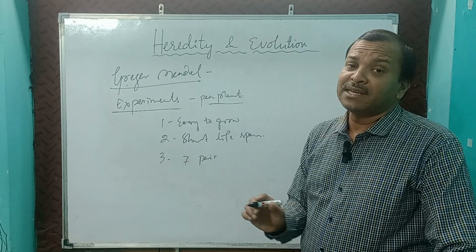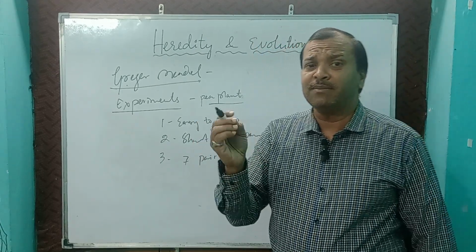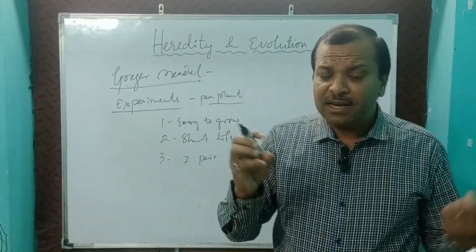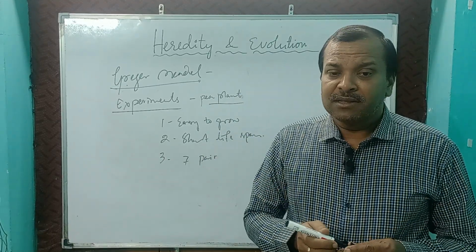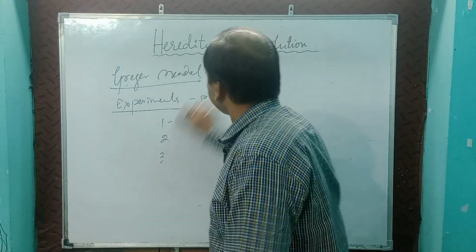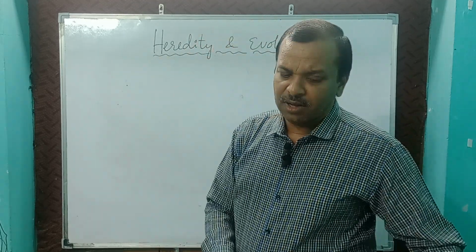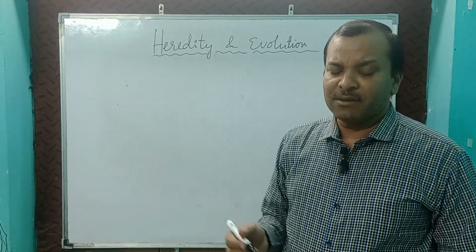Like what are the characters? You would have seen that yellow peas are there, green peas are there, round peas are there, wrinkled peas are there. These are the characters. Clear? Due to all these characters, he chose pea plant.